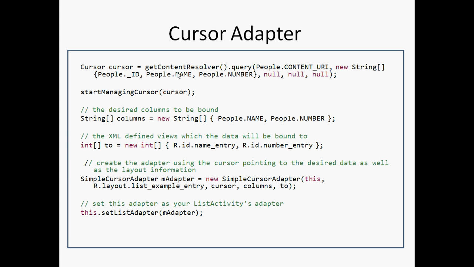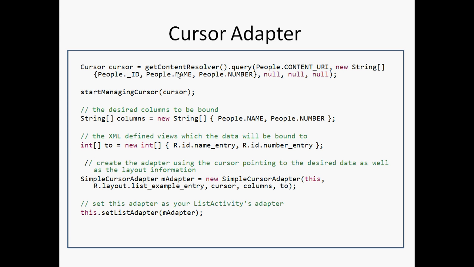As this is the backend, we need to provide a mapping between the backend and the front end. In the front end, we have elements inside that list underscore example dot entry. Here r.id dot name underscore entry and r.id dot number underscore entry are the elements that we are going to map with the columns.